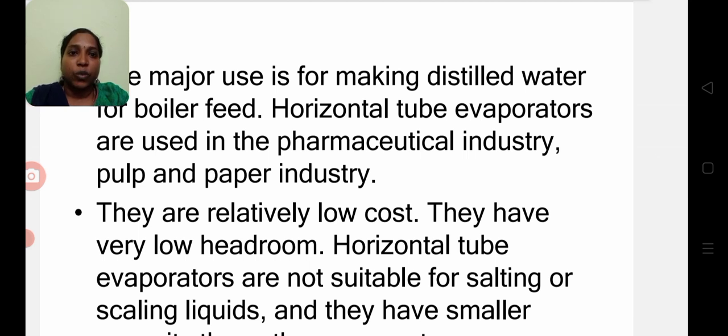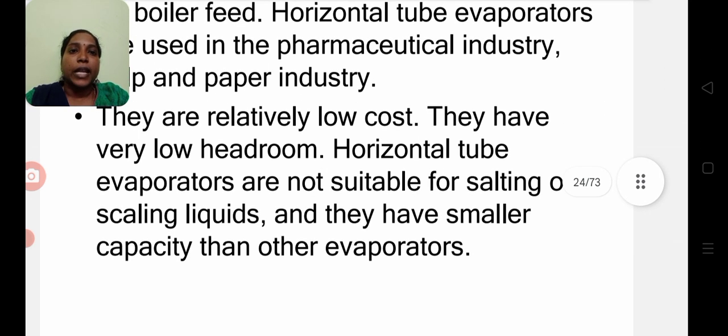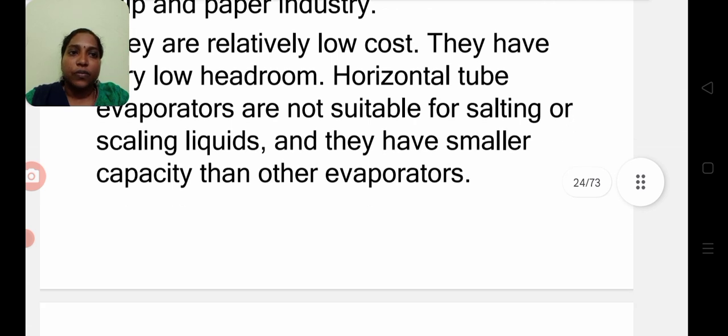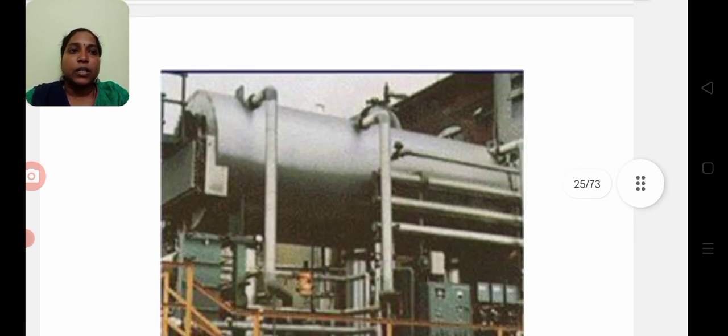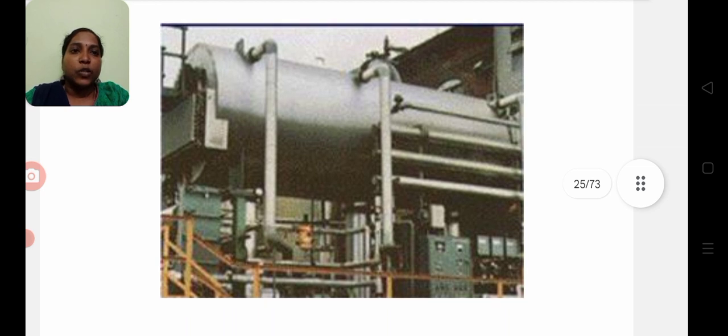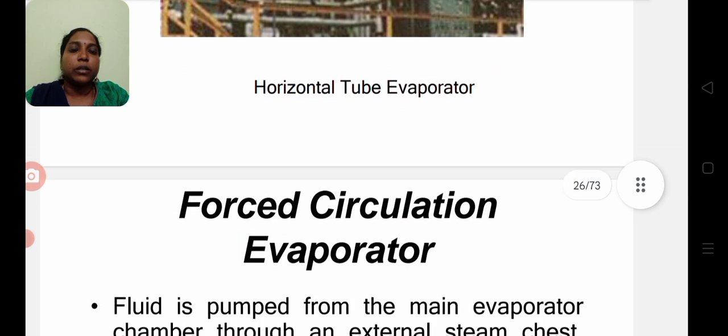It is relatively low cost and requires very little space, and it is not suitable for salting or scaling liquids, and it has a smaller capacity than the other evaporators. This is an image of the horizontal tube evaporator.